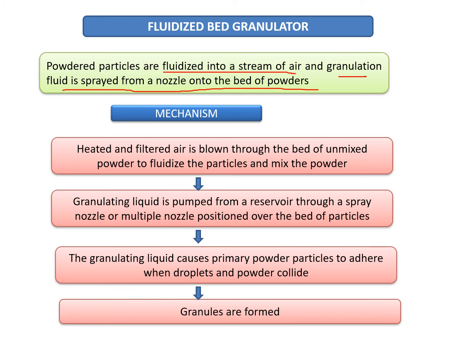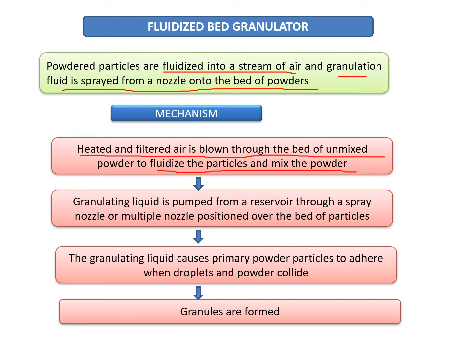Now, what is the mechanism? Heated and filtered air is blown through the bed of an unmixed powder to fluidize the particles and mix the powder. So by blowing the air, the unmixed powder gets mixed and the particles get fluidized.